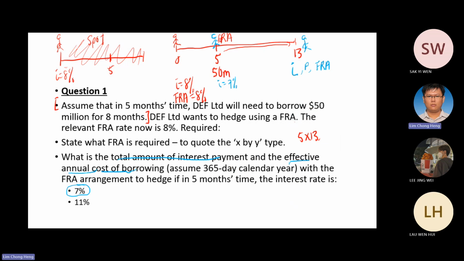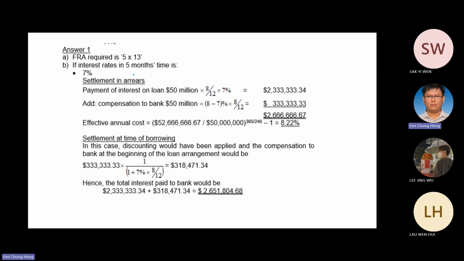Then how do we get the total interest we pay? We calculate in month 13. We need to pay interest on 50 million at 7%, but you use it for 8 months, so the interest is 2.33 million.